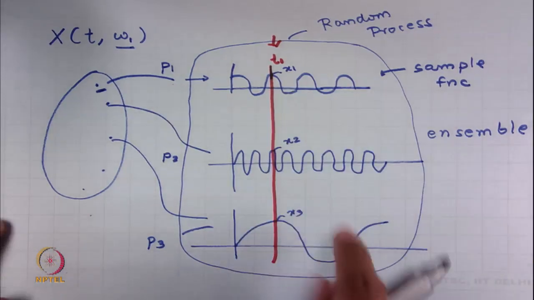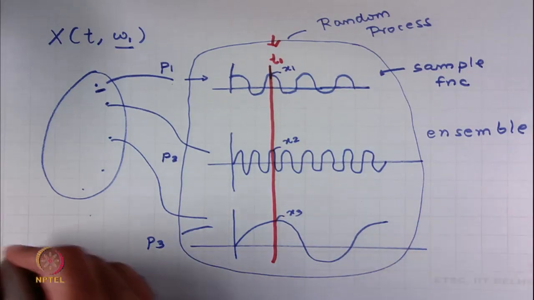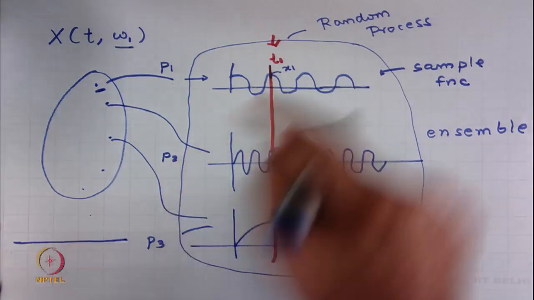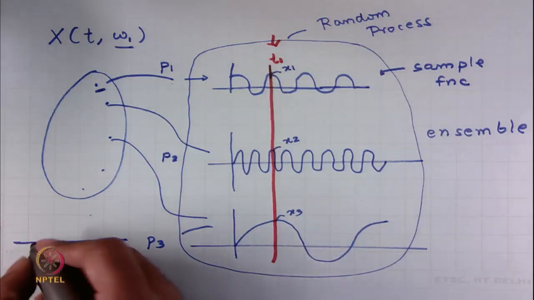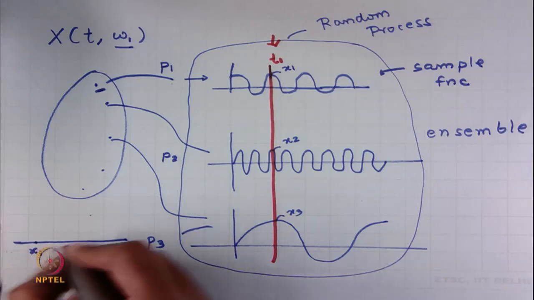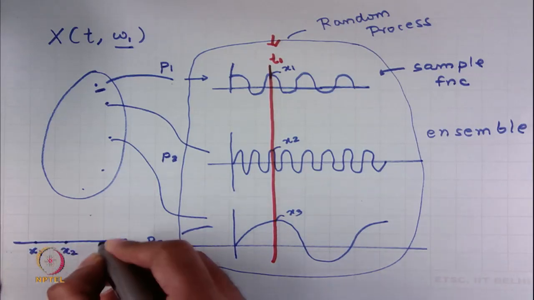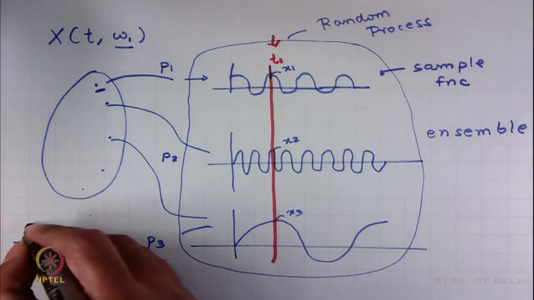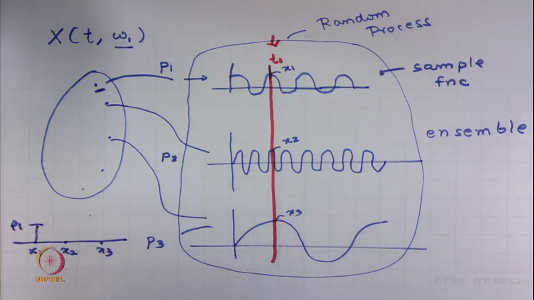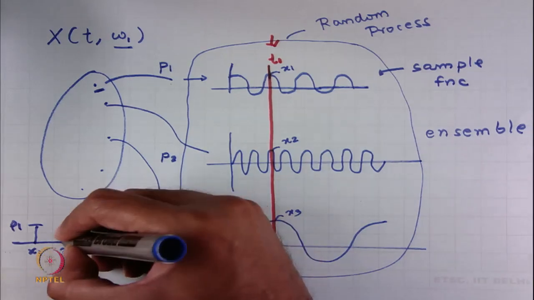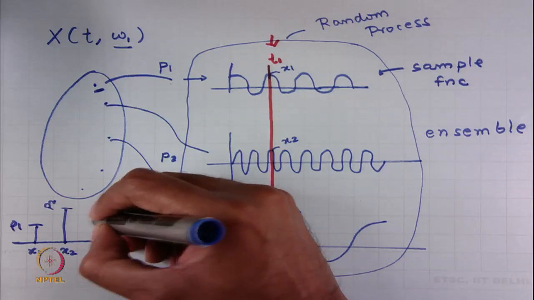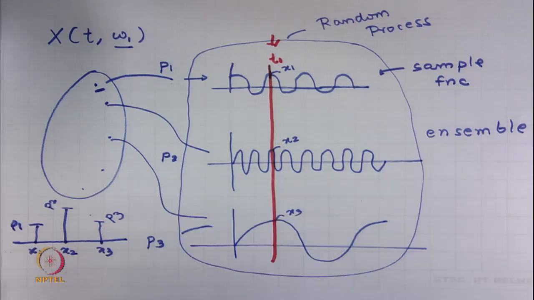Now, I know that if I am interested in plotting the probability mass function, let us say that I have now got 3 numerical values x1, x2 and x3, and let us say that x1 happens with a probability p1, x2 happens with a probability p2 and x3 happens with a probability p3.